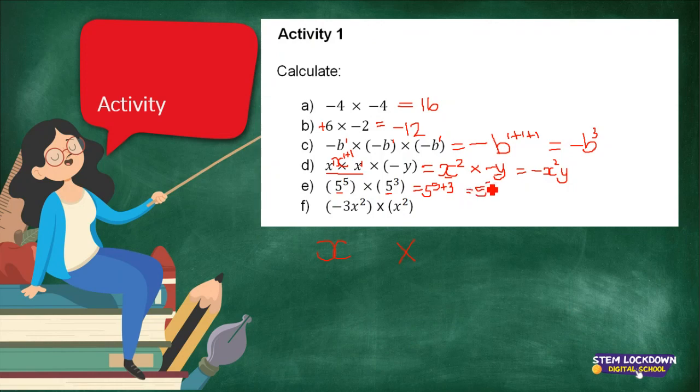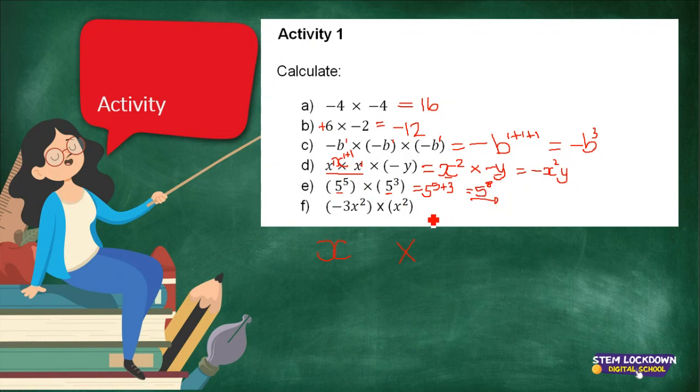So the answer is 5 to the power 8. Then you can simplify using a calculator. If your answer is left in exponential form, it will be this one. Otherwise, use a calculator to say 5 times 5 times 5 times 5 up to 8 times.